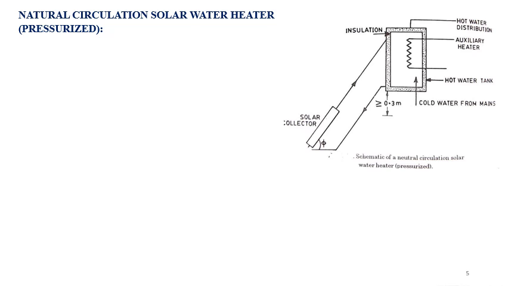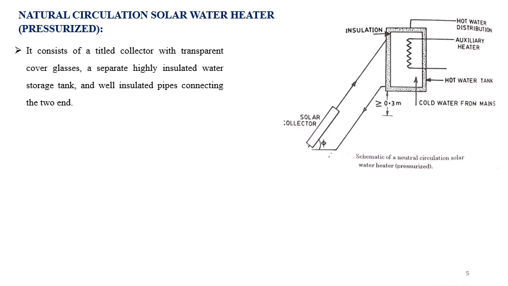A natural circulation system consists of a tilted collector which is facing south with transparent cover glasses, a separate highly insulated water storage tank, and well insulated pipes connecting the two.